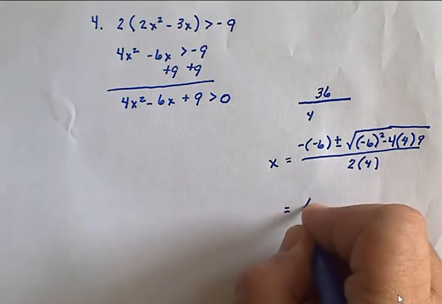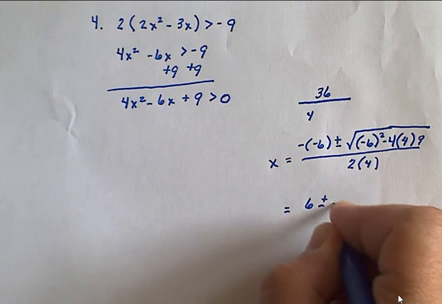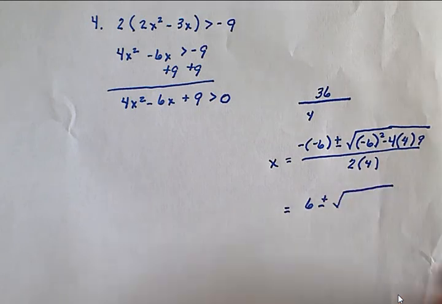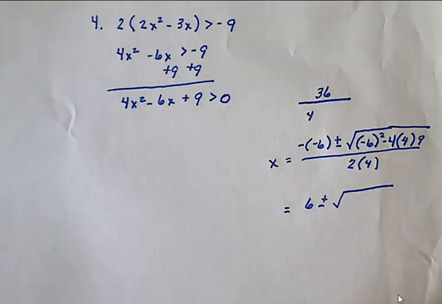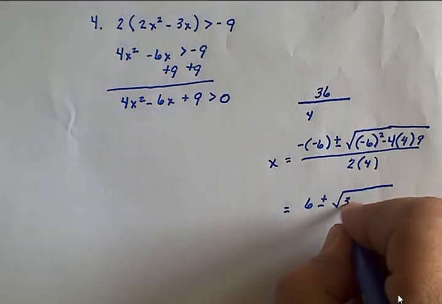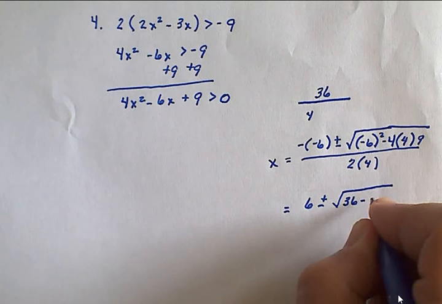So I've got 6 plus or minus the square root of 36 minus 144. Okay.